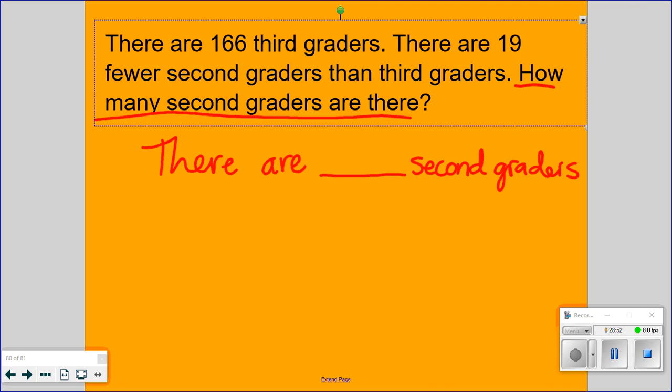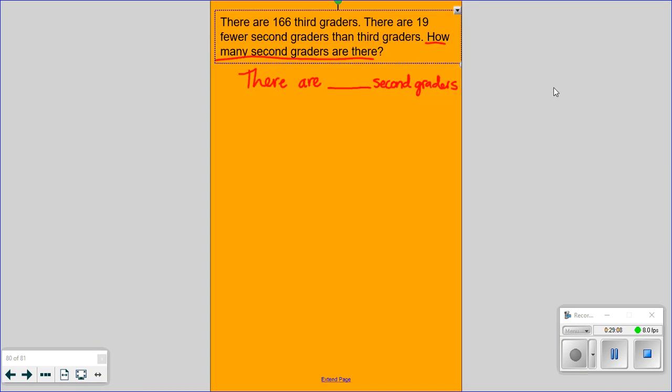Carl, read that first sentence to me. There are 166 third graders. Pause. Am I drawing 166 sick people? No. No, absolutely not. But I can draw a box. Ooh, that was a little much. Here's my box.